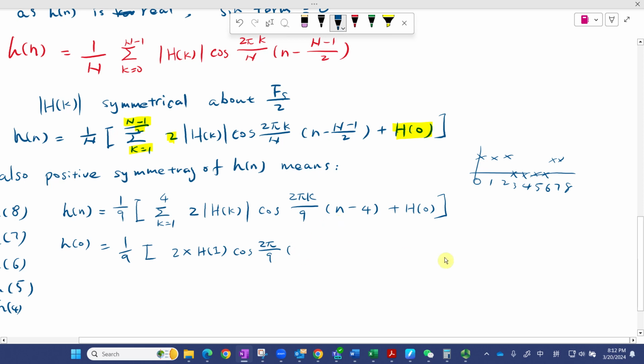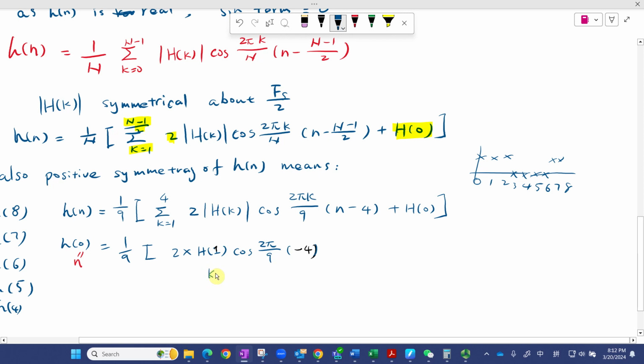Okay, for this case we got n equal to 0 for this particular calculation, and k is looping around between 1, 2, 3, and 4, right? So n is 0 here, so 0 minus 4 is negative 4. And that's k equal to 1, right?